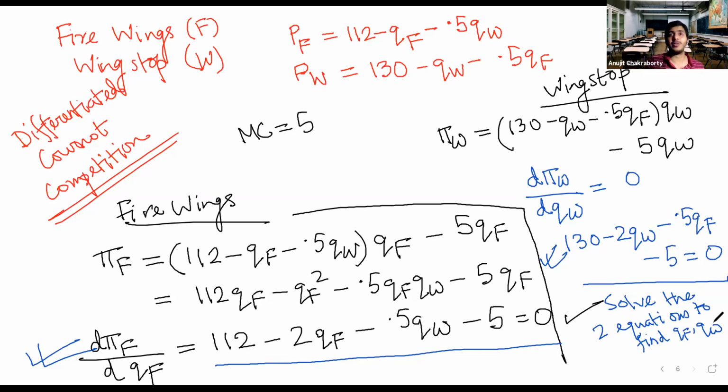That's kind of what this problem is. You can see that now each firm faces a slightly different demand, and the coefficients on its own quantity versus the other guy's quantity are not the same. But the trick is the same: we find out both firms' best responses and then solve for those two equations, and that's it. That does the trick. So that's going to be it for today's lecture.